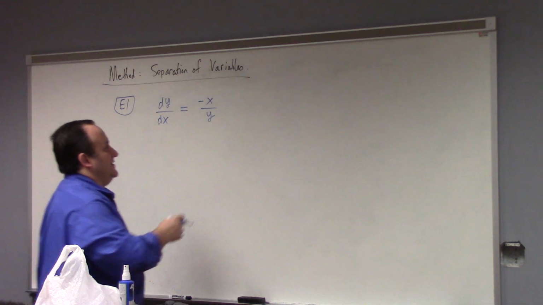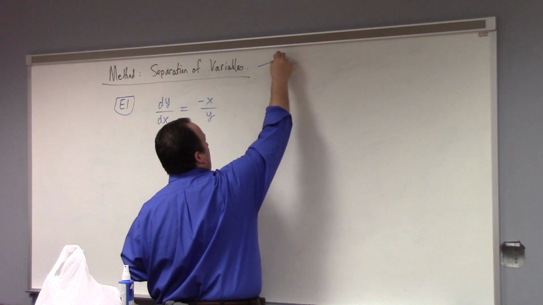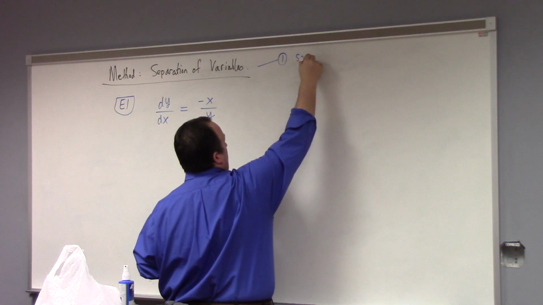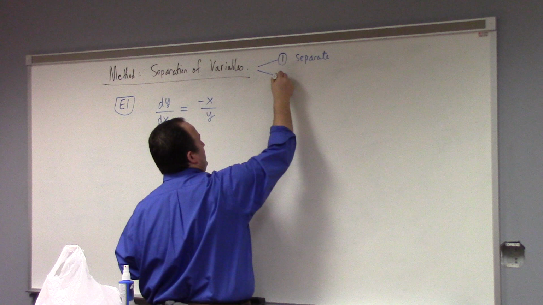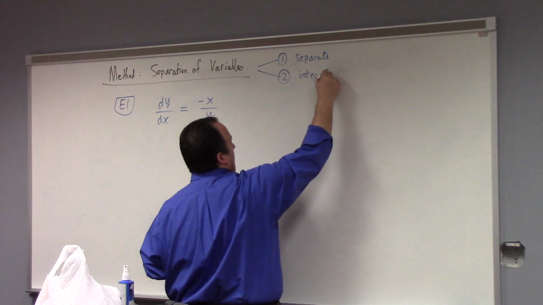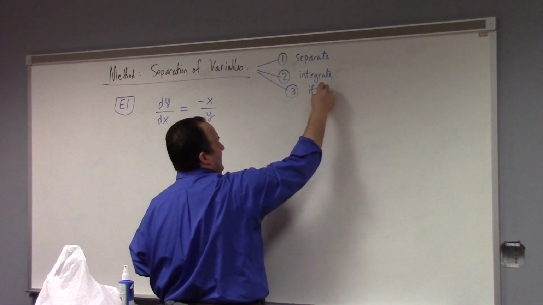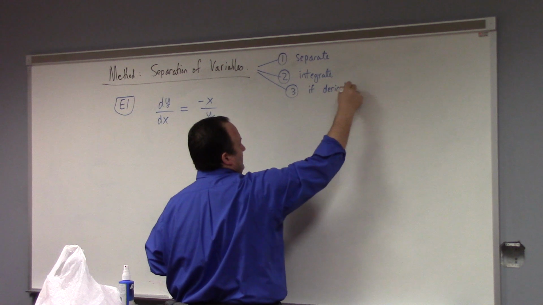The answer is, basically this separation of variables is a two-part thing, right? Step number 1, separate. Step number 2, integrate. I guess there's a third step. If desired, solve for y.